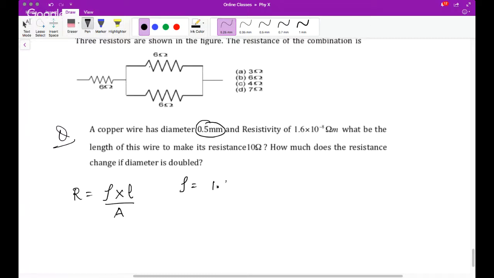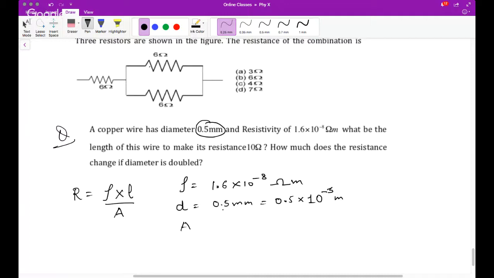as 1.6 into 10 to the power minus 8 ohm meter, and D is given as 0.5 mm, which is 0.5 into 10 to the power minus 3 meters.